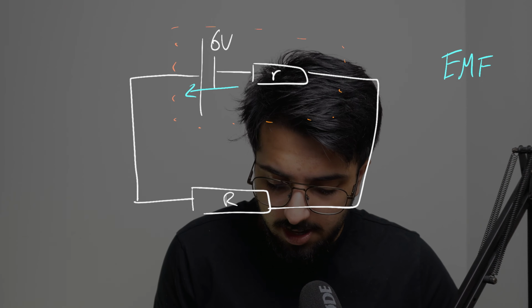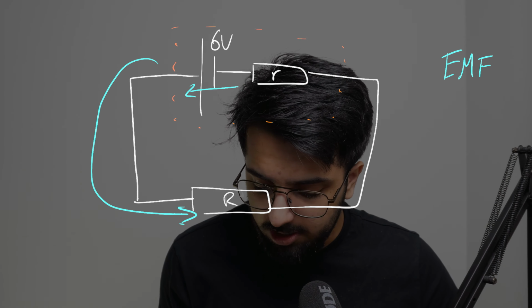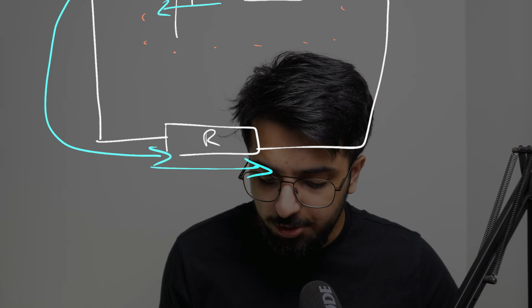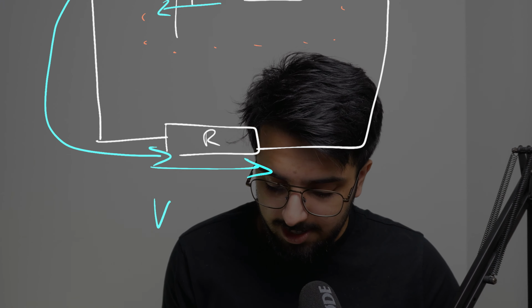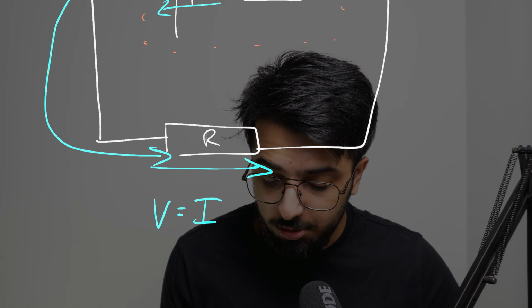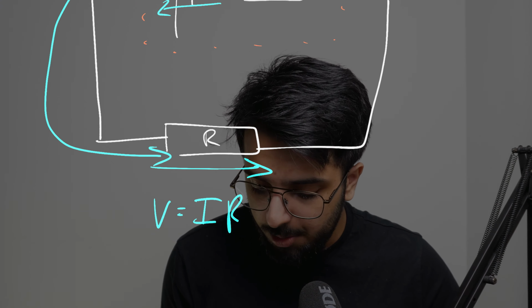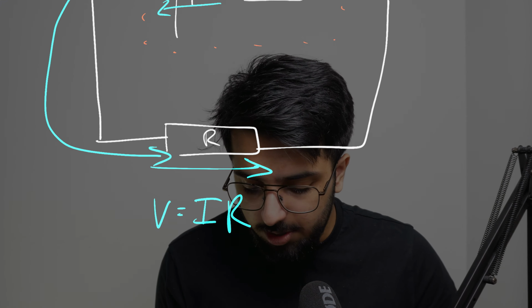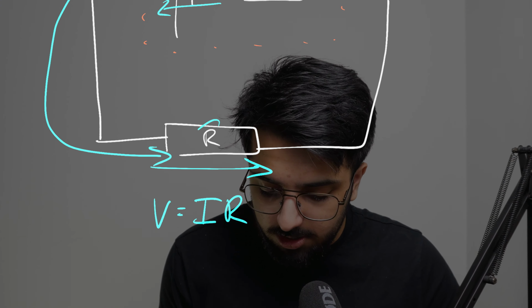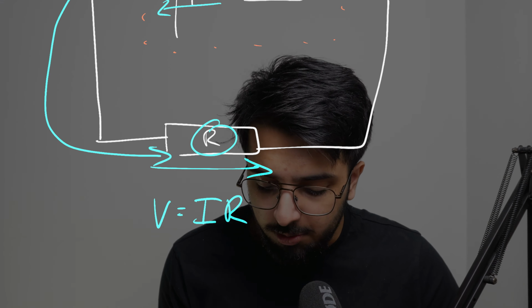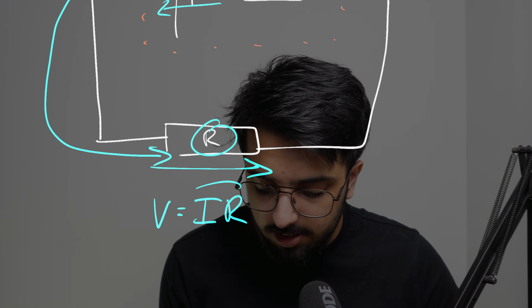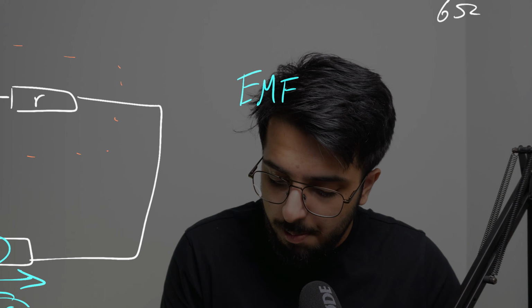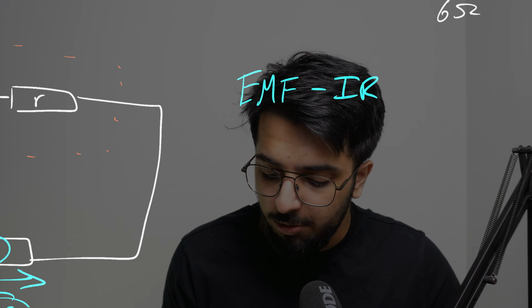And so as the current flows through, it obviously flows through this resistor, and the voltage drop due to this resistor is equal to the current that goes through this resistor multiplied by its resistance, okay? And we denoted that this resistor has a resistance value of big R. And so we get this equation right here, and we can minus IR from our EMF.